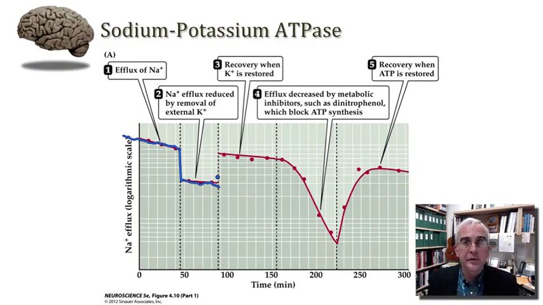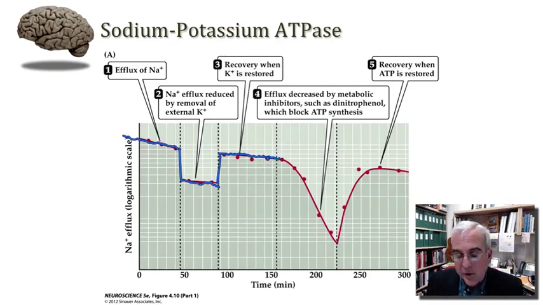So this suggests that there must be some kind of codependency between the influx of potassium ions into the cell and the efflux of sodium. Well, when potassium is restored in the fluids around the cell, now the rate of discharge of sodium is restored.